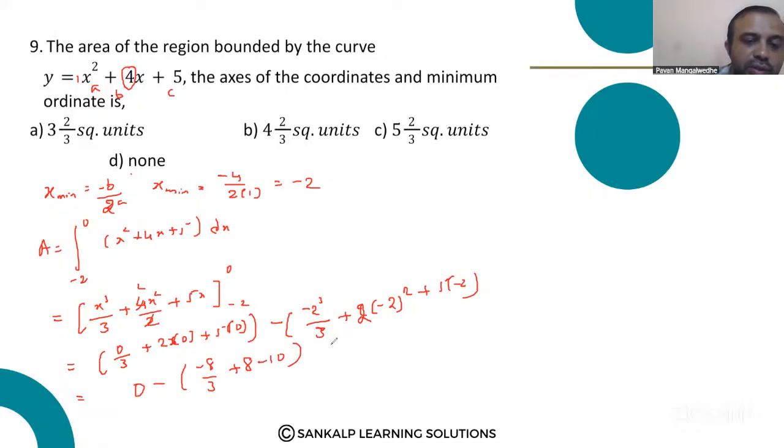After resolving this, minus of minus 8 becomes plus 8 by 3, and plus 2. Minus 10 plus 8 is minus 2, again with the minus it becomes plus. So 3 into 2 is 6, 6 plus 8 is 14 by 3, which can be written as 3 into 4 is 12 plus 2. So 4 integer 2 by 3 square units.